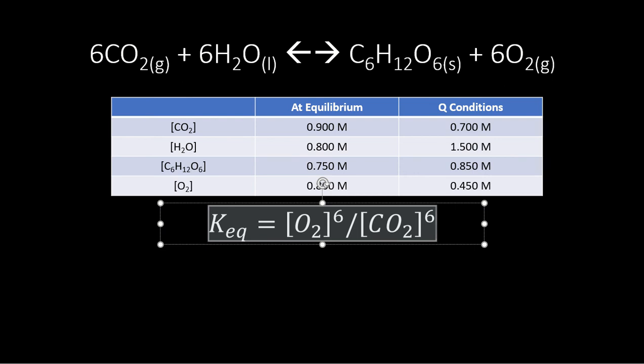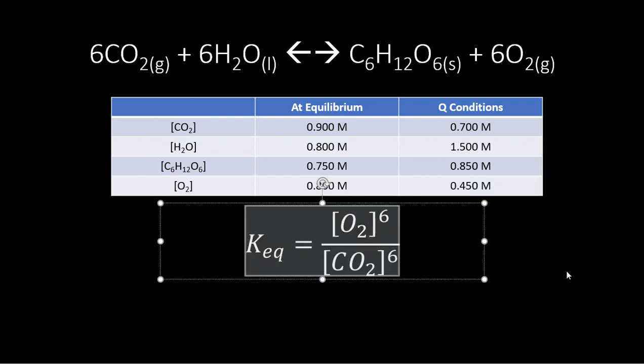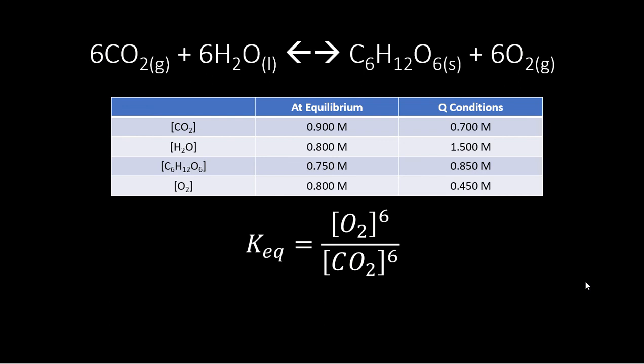So we have gaseous oxygen and gaseous carbon dioxide, the only two things that are actually being factored in, because we never include anything that's solid, and we never include water if it's in the liquid state. So, all right, this has effectively given us our equilibrium expression: the concentration of molecular oxygen raised to the 6th power over the concentration of carbon dioxide raised to the 6th power.